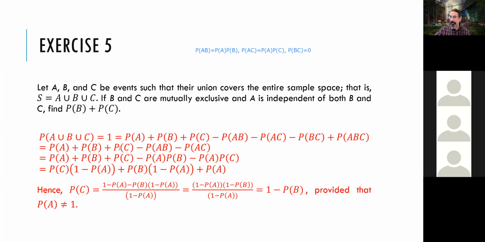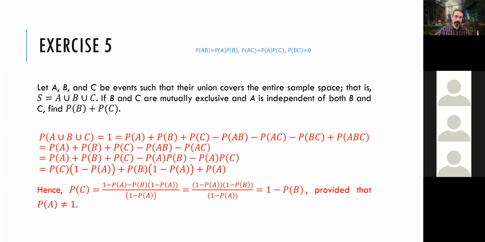Now, from this equation, we also know that A is independent of B and C. So we can just replace these values with these values. So now we have this equation. Now we will take common parentheses of A and B, as you can see here, C and B, as you can see here. So when we take parentheses for the probability of C, we get this value.